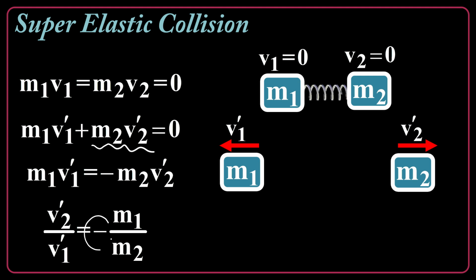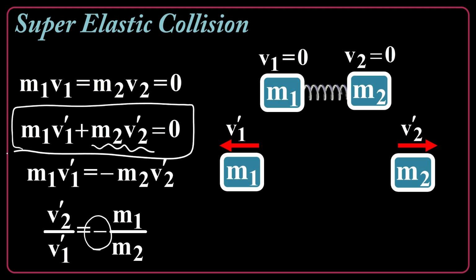Why do I have a negative sign here? This is normally a mathematical result of this equation. It means that after the collision, or after the interaction in superelastic collision, we expect opposite directions for the two velocities. Again here, as I mentioned, just conservation of momentum is used.